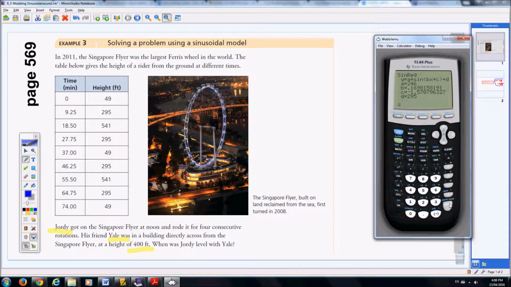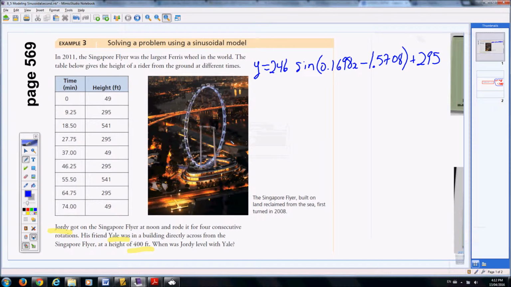Now it calculates for me. And here I have my values. And here's our equation written out from the calculator. I've shortened it down to 4 decimal places for each of my numbers that are not whole numbers.